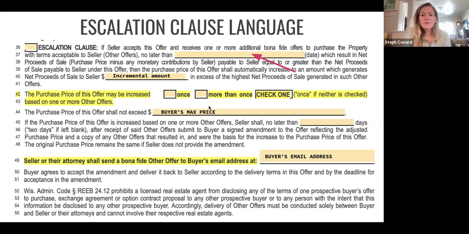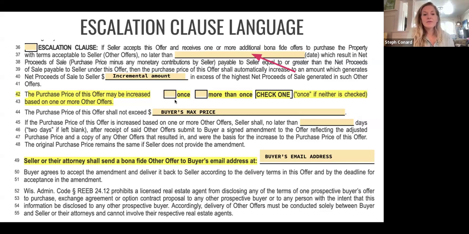So it's more beneficial to a seller to check mark that the offer may be increased more than once. So if you want to have an understanding of what would give a seller or buyer a more competitive advantage, you would want to mark that the purchase price could be increased more than once. If a buyer is just like, I'm willing to do this, but I'm not willing to let it keep bumping up, then you would just check mark once.